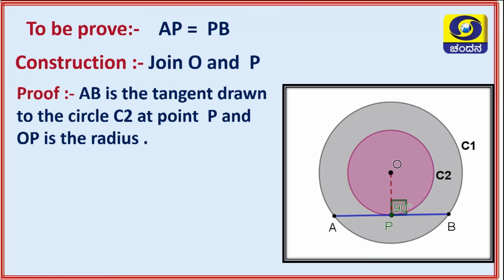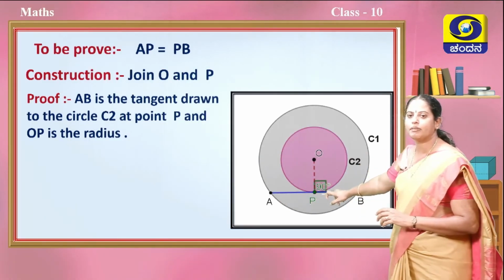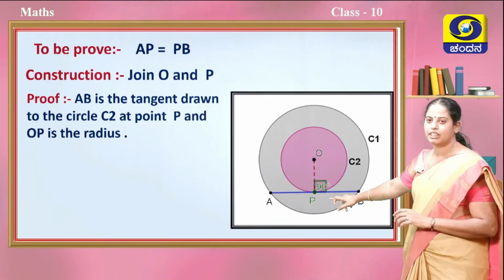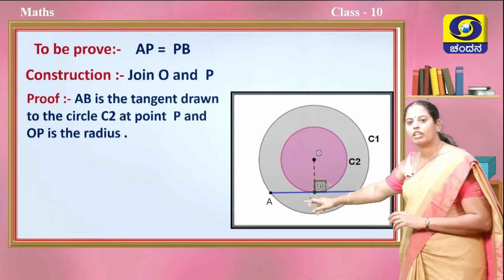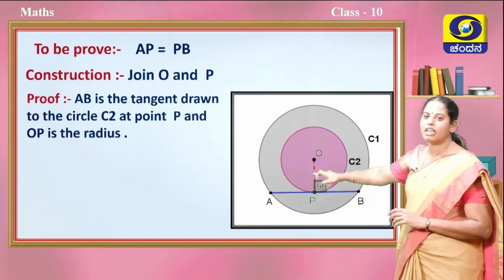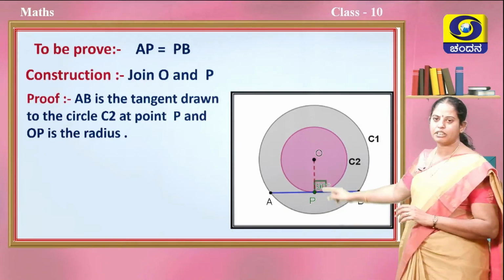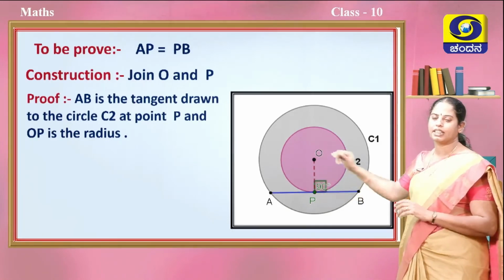Now, we know through theorem 4.1, recall theorem 4.1, what does it say? The radius drawn to the tangent at the point of contact is perpendicular to the tangent, or the tangent is perpendicular to the radius that is drawn at the point of contact. That means both make an angle of 90 degrees.